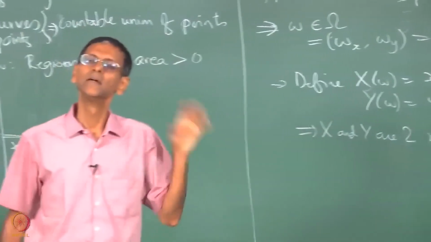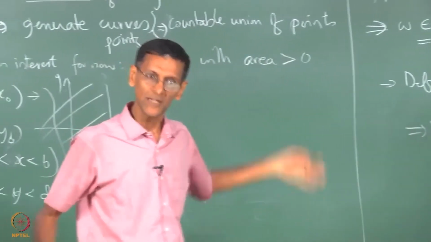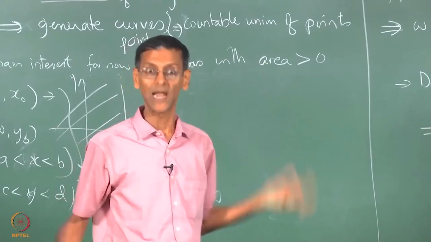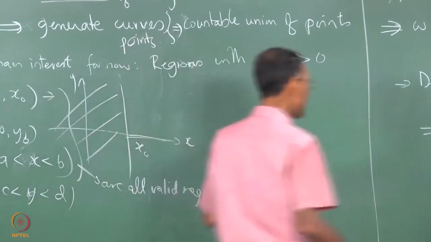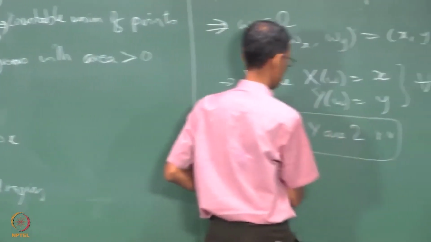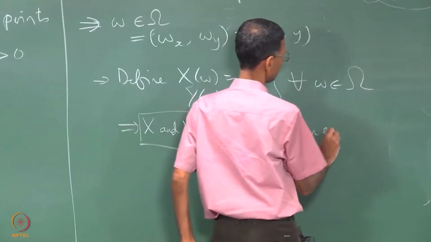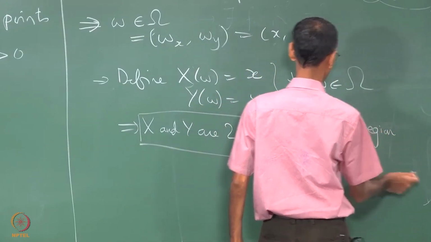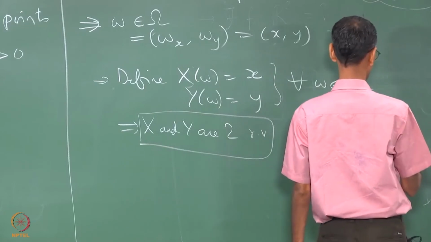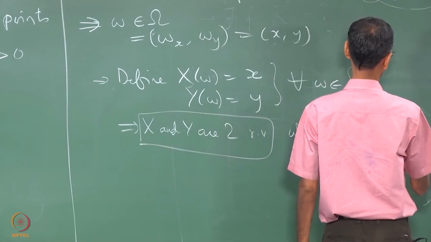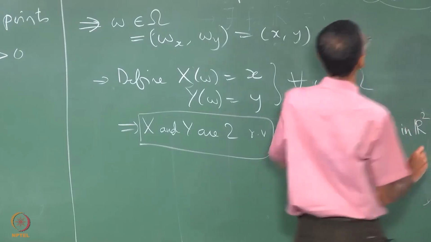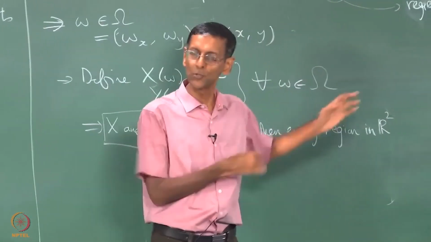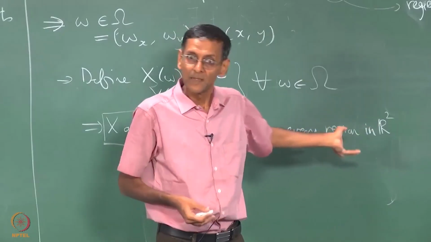If every region has a probability, then every interval on the x axis and every interval on the y axis also will have a probability. This is not just omega, but also the whole plane, by extension. We are going to do the domain extension thing that we did earlier.